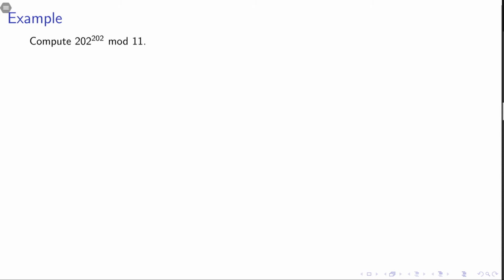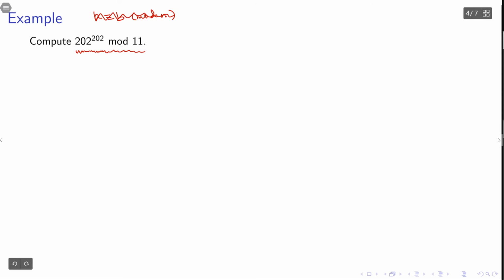And I should mention here that to say compute 202 raised to 202 mod 11, this is different from our notation from the previous page, a congruent to b mod n, where the mod description is inside the parenthesis. Here, mod is actually an operator.